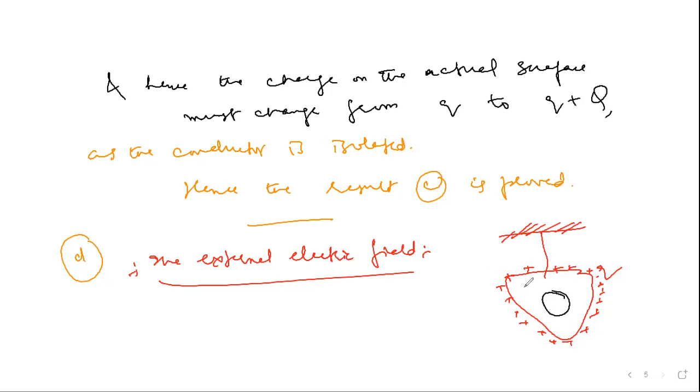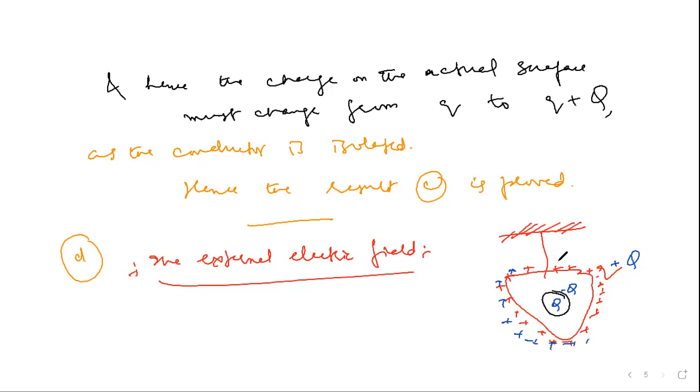It will remain wherever it is, the way it is, right? Then we said, if I keep some charge in the cavity, for example Q, this charge will change. Minus Q charge will appear on the cavity walls. Here, plus Q will add. That means the actual surface will have that much more positive charge.